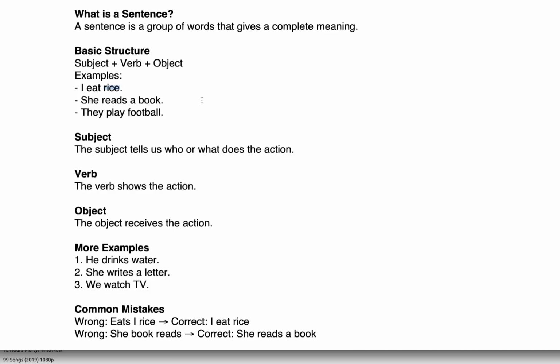Here we add one letter S. When we use S, it is when the subject is a third person singular, like he, she, or someone's name like Raju.